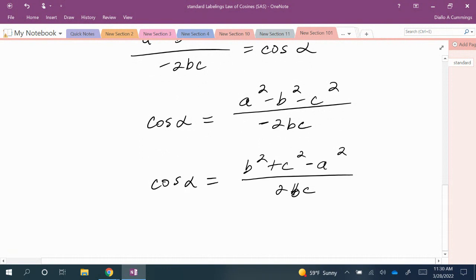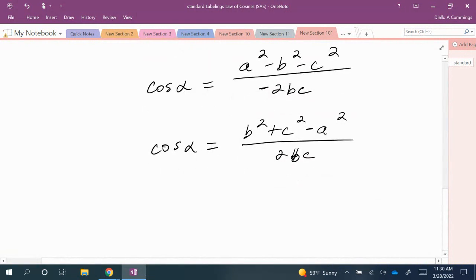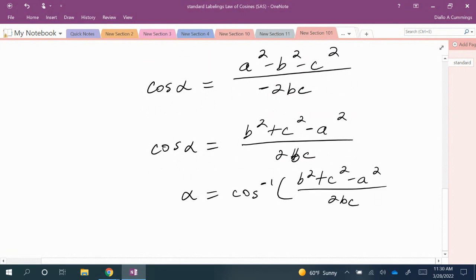From this point, I'm going to take the arc cosine of both sides. Once I take the arc cosine of the cosine of alpha, out pops alpha. I'm going to take the arc cosine of the right-hand side, which leaves me with the arc cosine of b squared plus c squared minus a squared over 2bc.